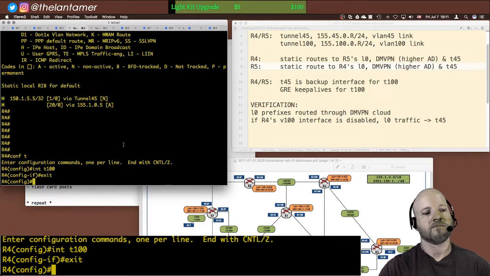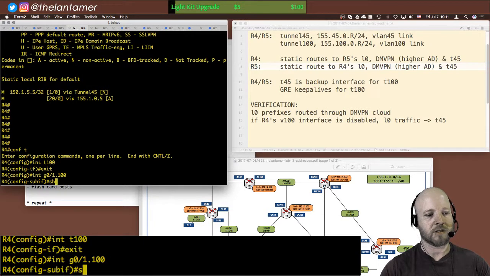So let's bring down the interface. Interface G0/1.100 shut.